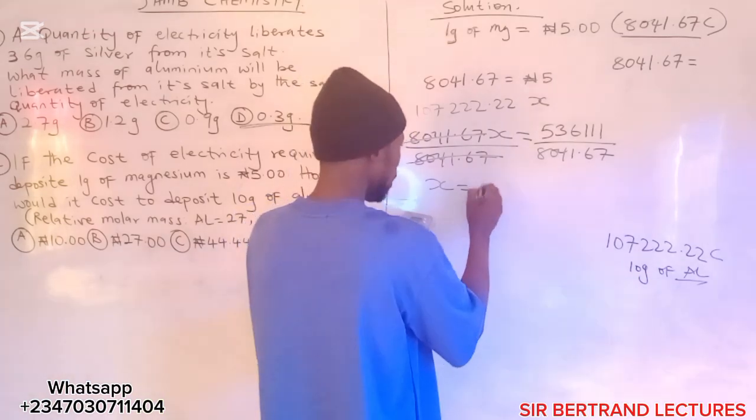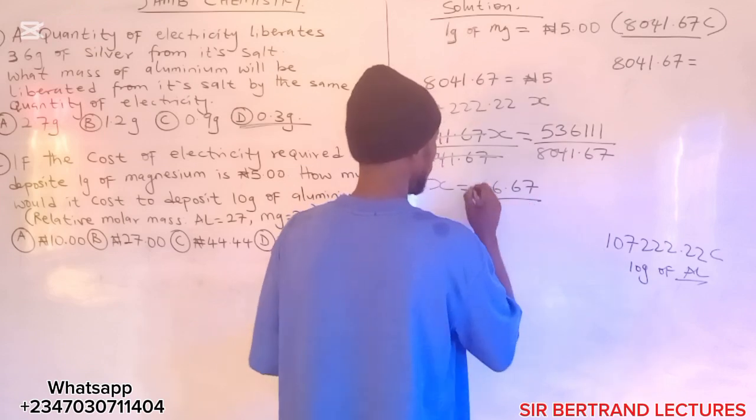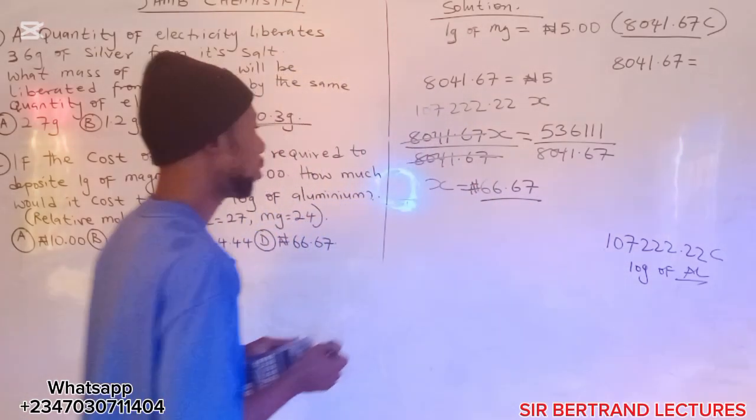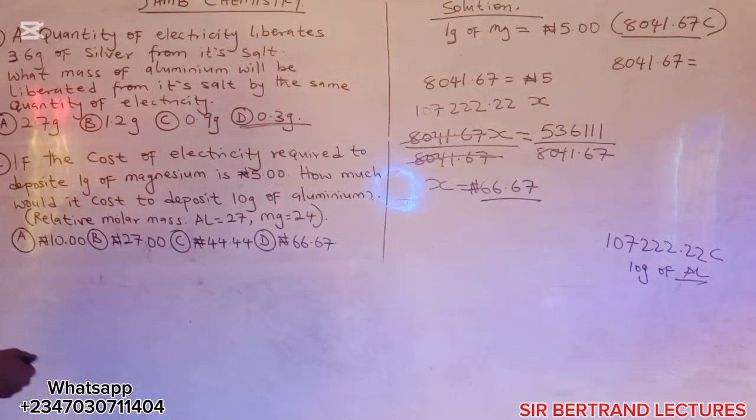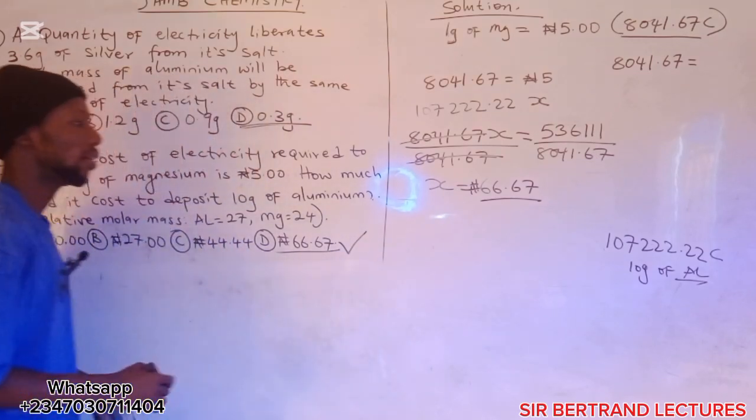That will give us 66.67 naira. Okay, 66.67 naira. Do you have it here in the options? Okay, this is the answer.